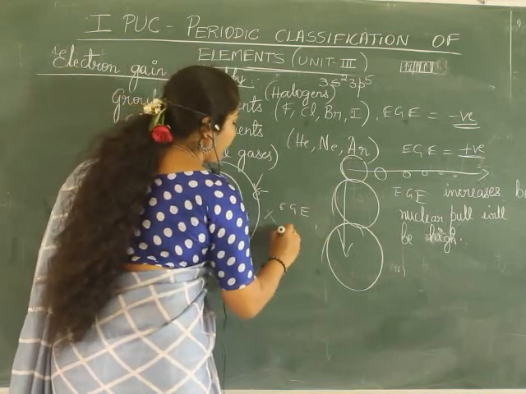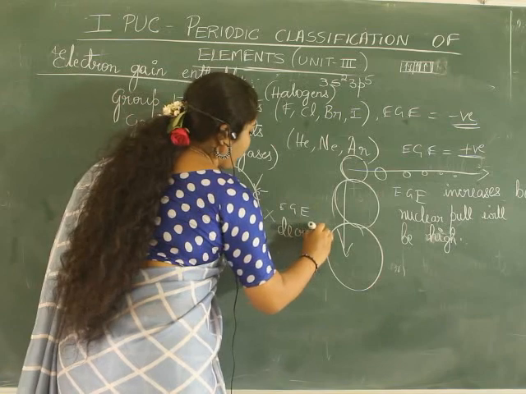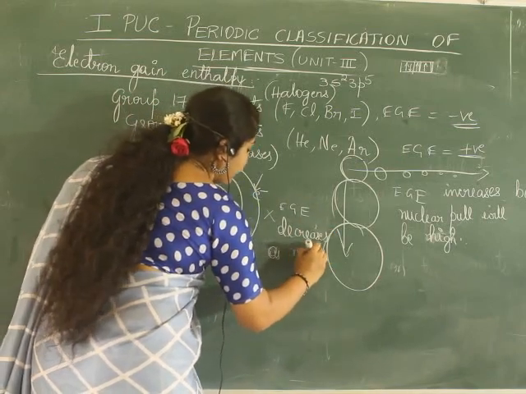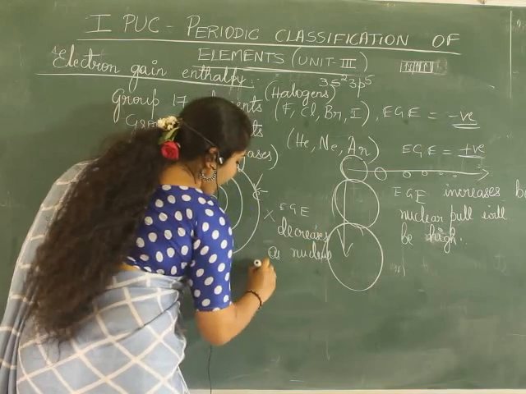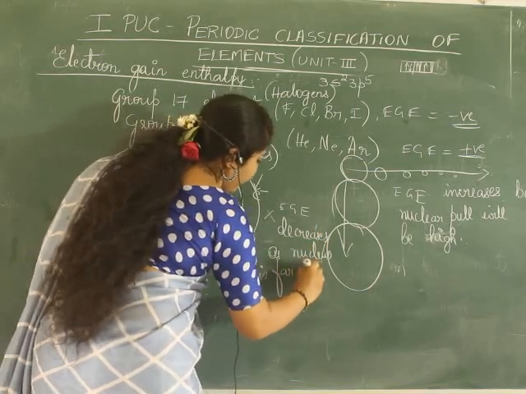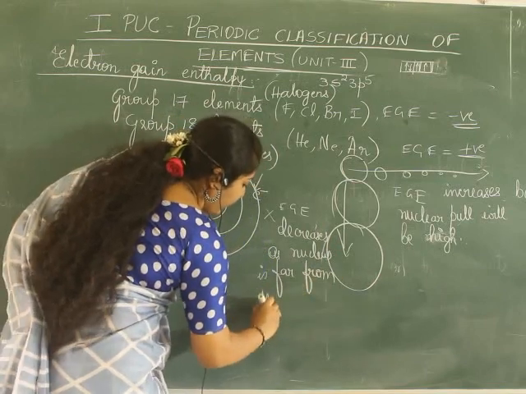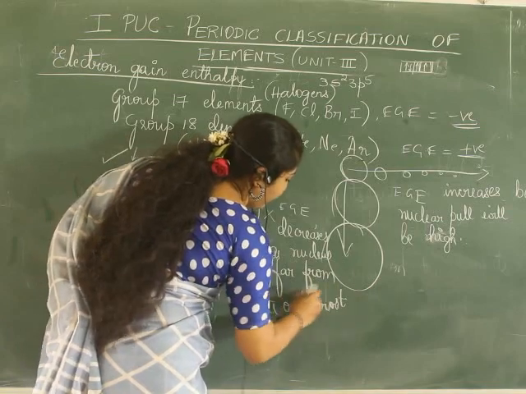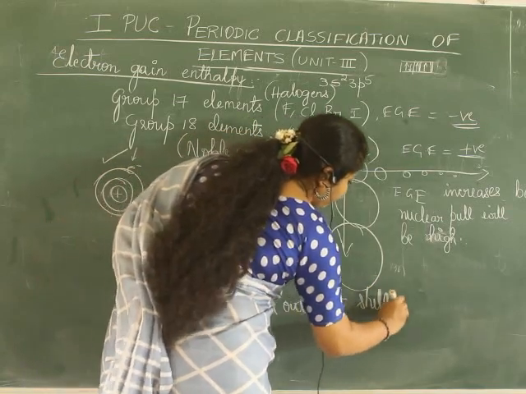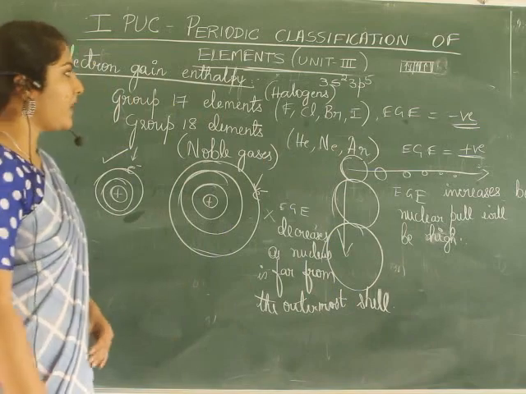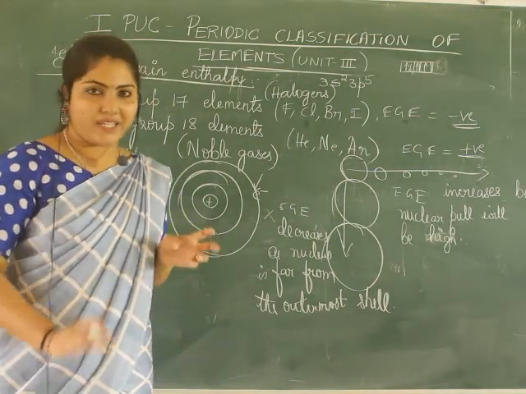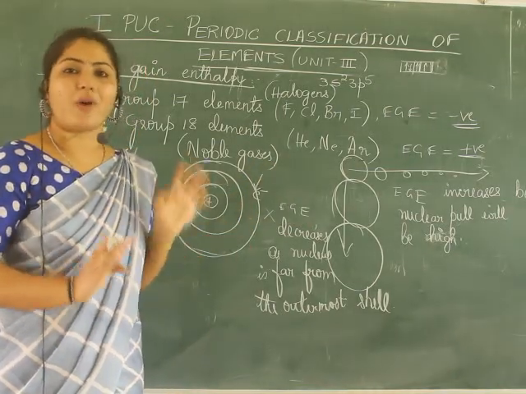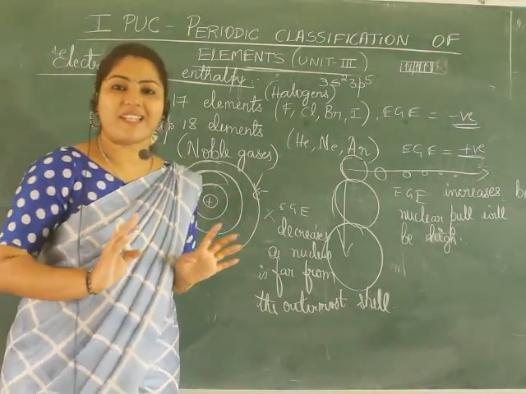Electron gain enthalpy decreases down the group as the nucleus is far from the outermost shell. This is about electron gain enthalpy. Easy, isn't it? That's why I told you, if you understand atomic size, it's very easy to apply. You must understand the concept.